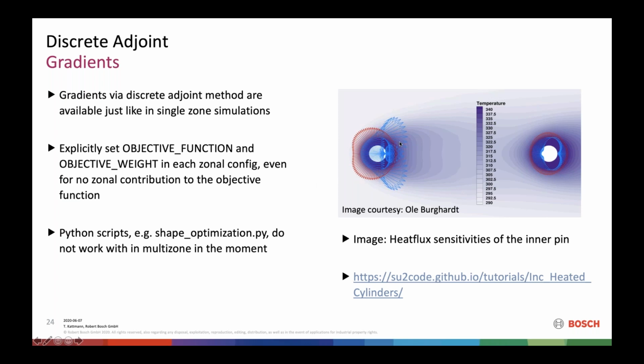I also included an image with heat flux sensitivities for both zones for heat flux on the inner pin. If you are interested, you can go to the little tutorial he wrote on the GitHub page. So check that out if you want to learn more.